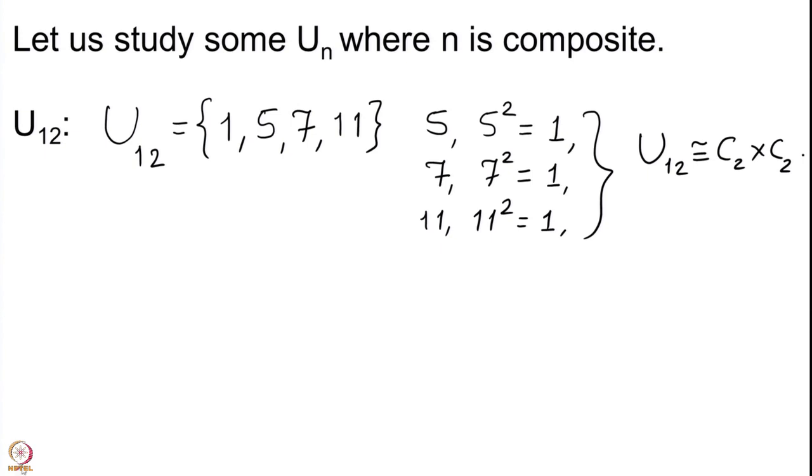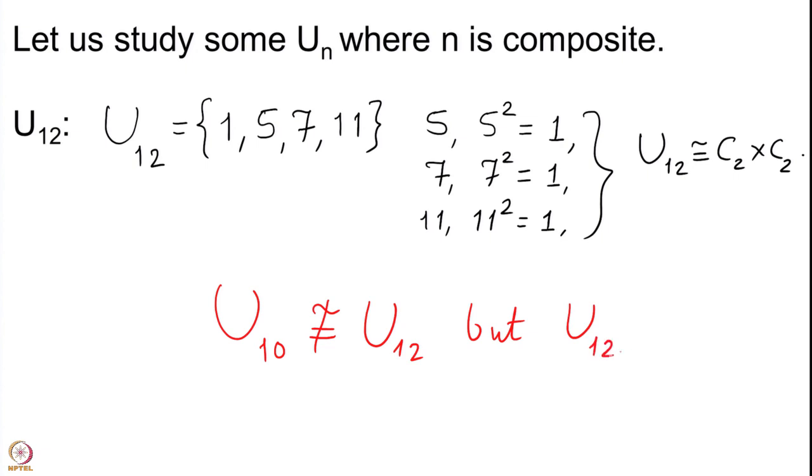Therefore, we have this nice result that U10 is also not isomorphic to U12, but we do have that as groups U12 and U8 are isomorphic, both being isomorphic to C2 cross C2.